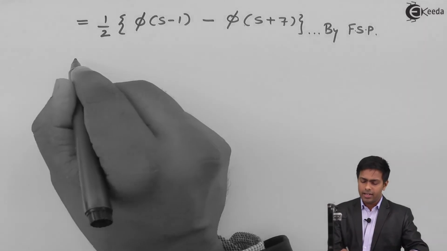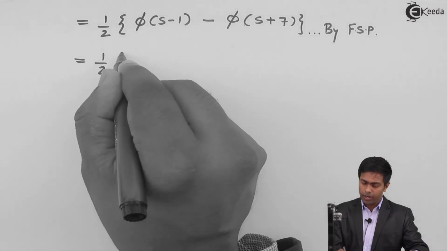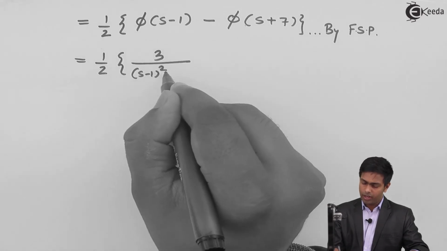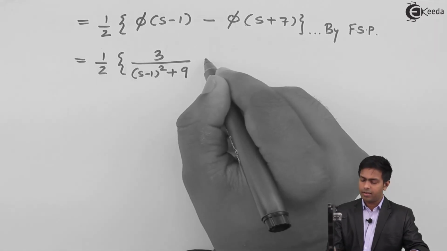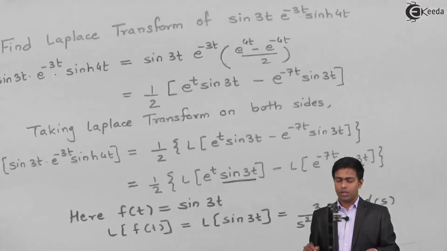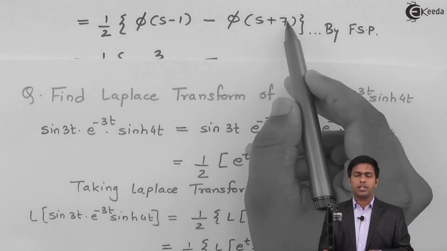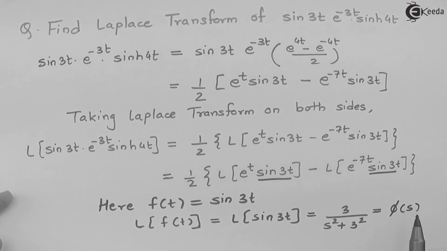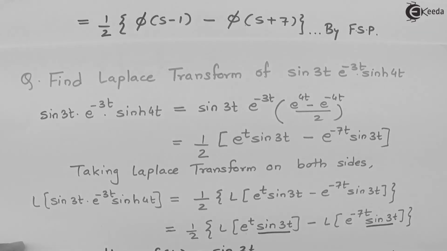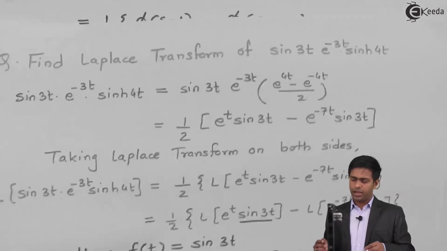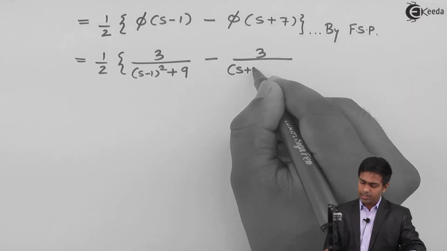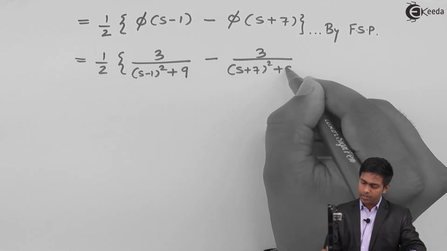So it is equal to 1 by 2 in bracket 3 upon s minus 1 square plus 3 square, that is 9, minus. How to get function of s plus 7? For that I'll replace s with s plus 7 in phi of s. So we'll get 3 upon s plus 7 the whole square plus 9.